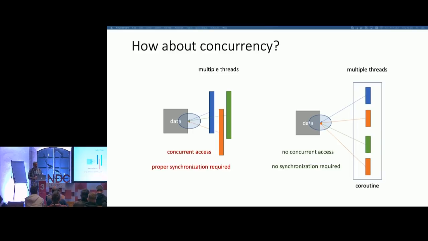And the coroutine engine ensures that from a memory model viewpoint, there is a happens-before relation between the threads, meaning that yes, I have multiple threads accessing mutable data, but in a sequential fashion, so there isn't any concurrent access. I don't need proper synchronization. Okay. Which is good to know. So I can think of a coroutine from a synchronization viewpoint as a single thread.